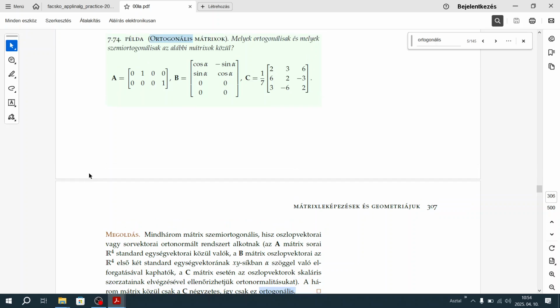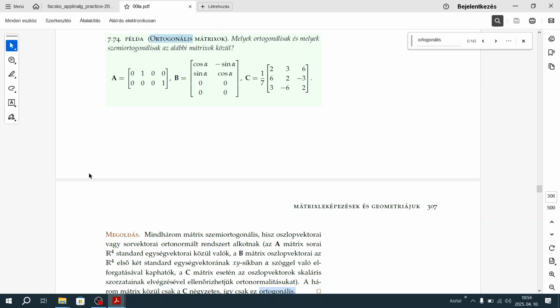The question is which ones are orthogonal and which are semi-orthogonal. The first is semi-orthogonal. Trust me, the second is also semi-orthogonal. So if you do the multiplication, you will get the two-dimensional identity matrix.